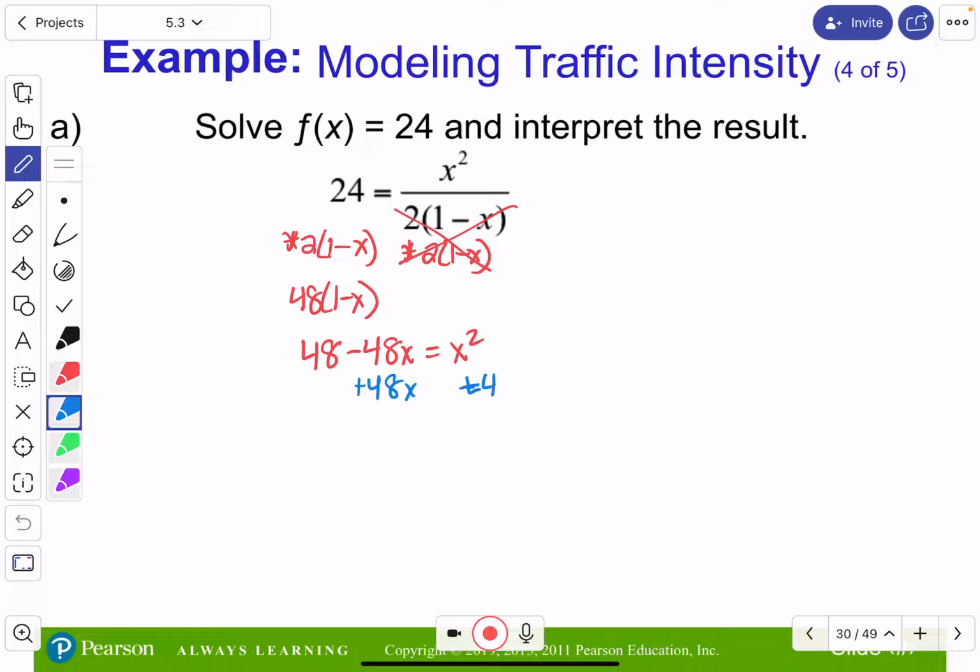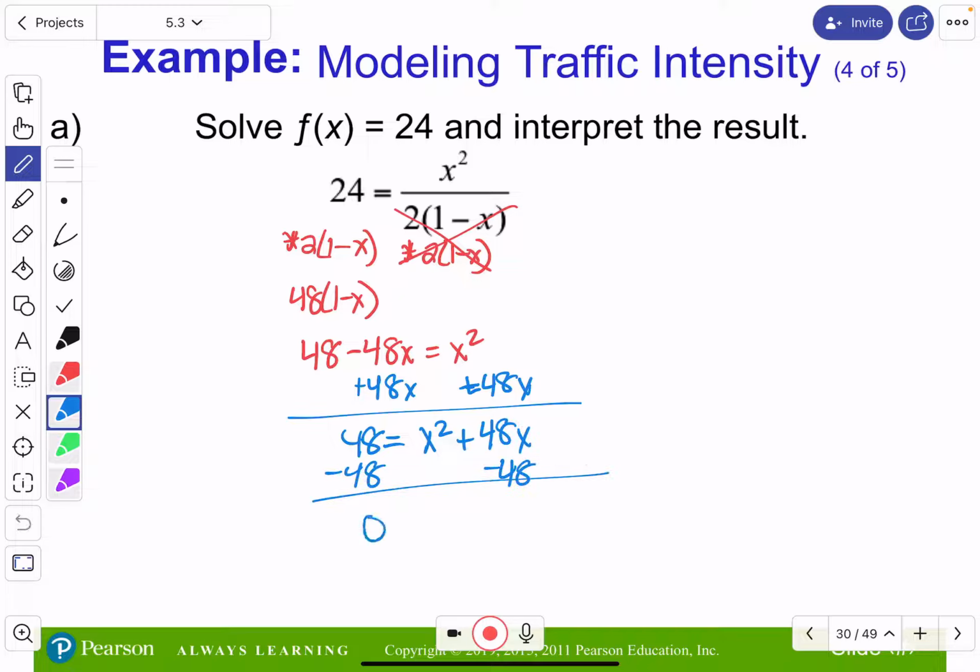You can go either way. It doesn't matter if you go to the right or the left, but I prefer to keep the x squared positive. Just makes life a little easier for myself. So I get 0 equals x squared plus 48x minus 48.